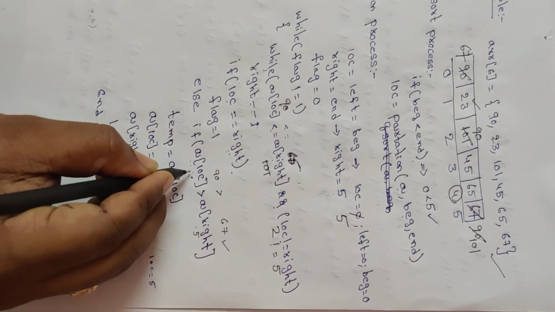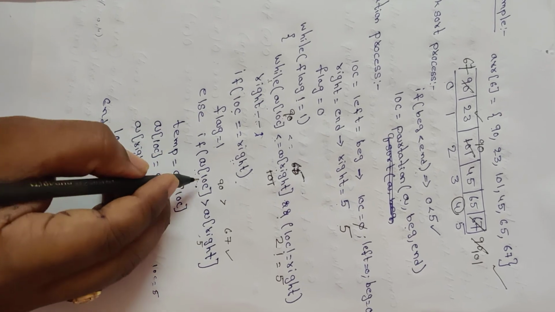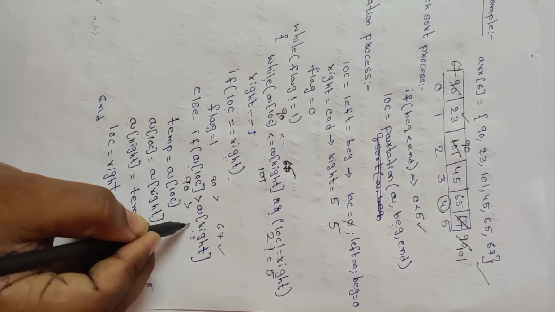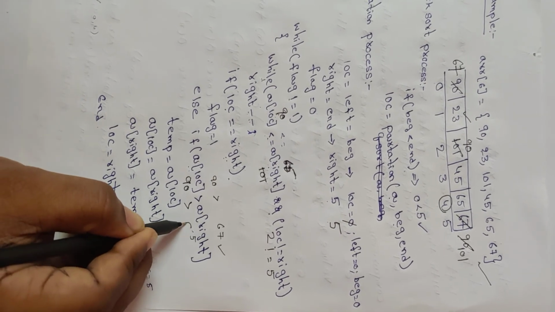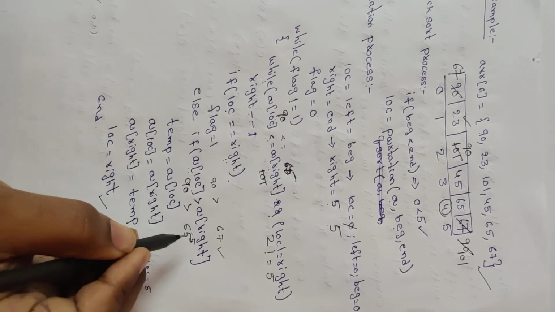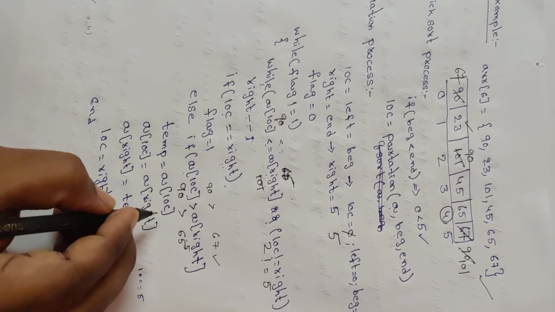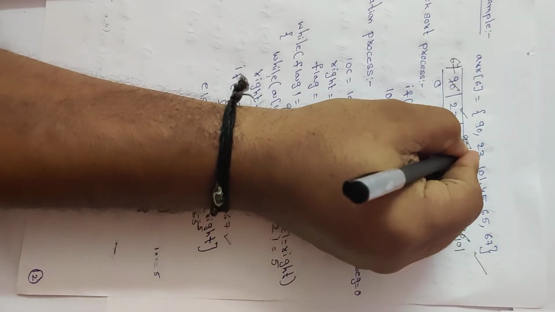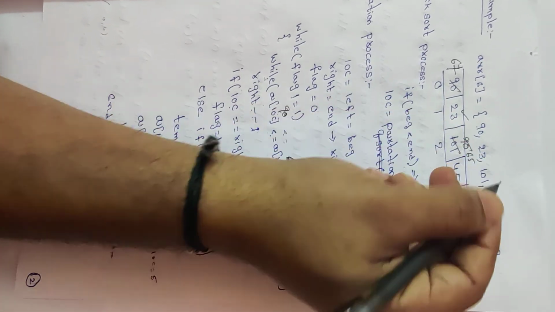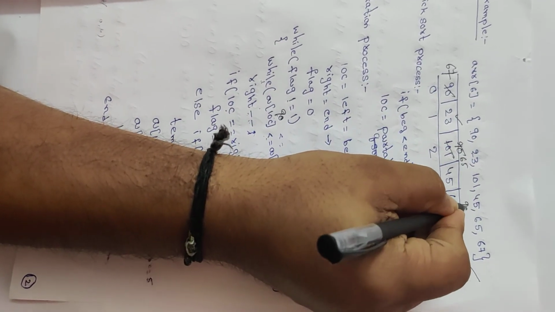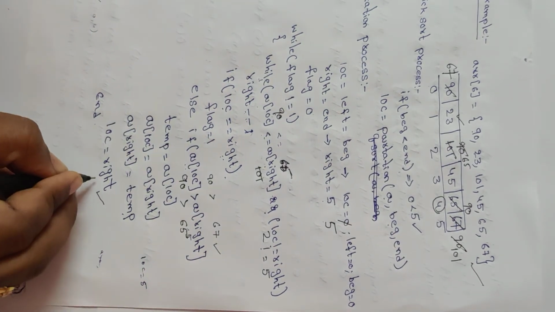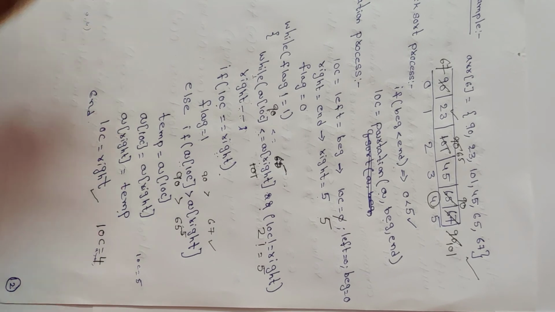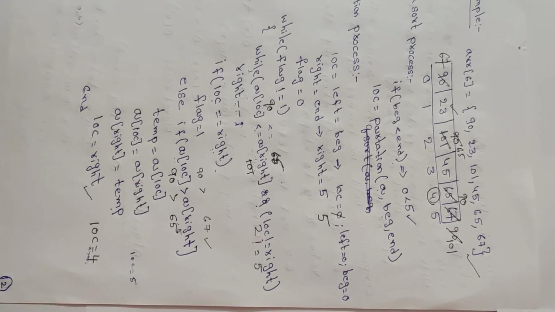Now we check a of location, which is 90, greater than a of right, a of 4, which is 65. 90 greater than 65, condition true. Interchange. Here we get 65, here we get 90. Now location equals to right, so location becomes 4. Again the process continues with the left side.